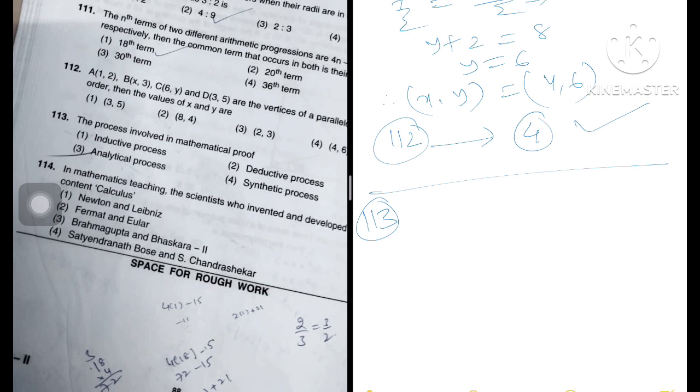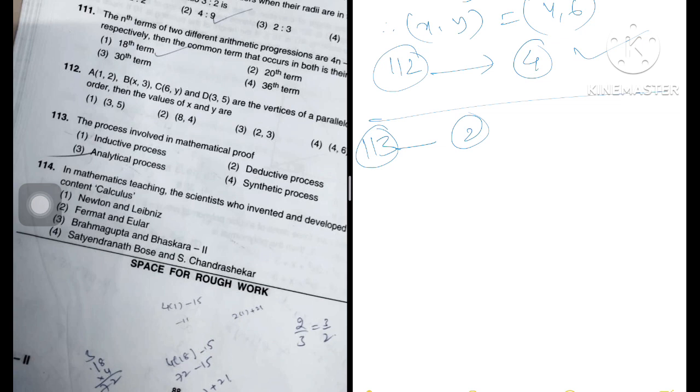Mathematical proof is a deductive process. So the option is 2. Next, in mathematical teaching, the scientists who invented and developed the content of calculus are Newton and Leibniz. Option number 1.